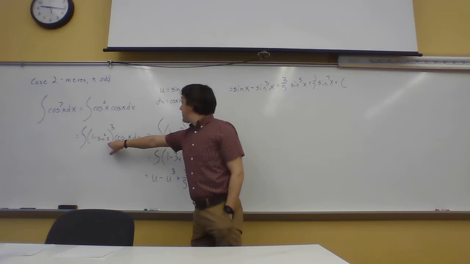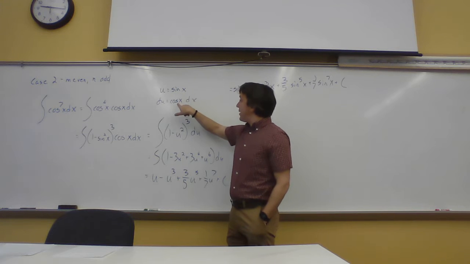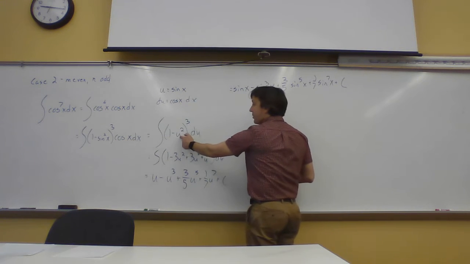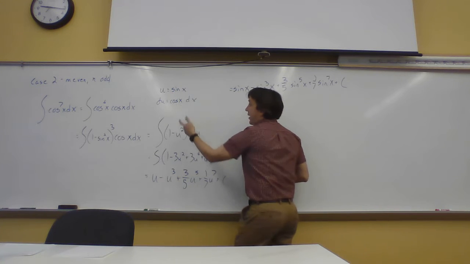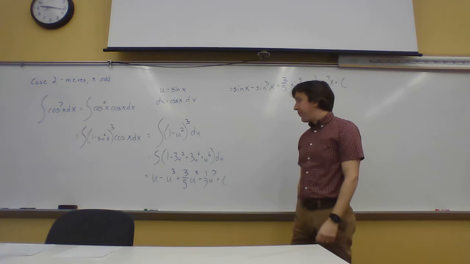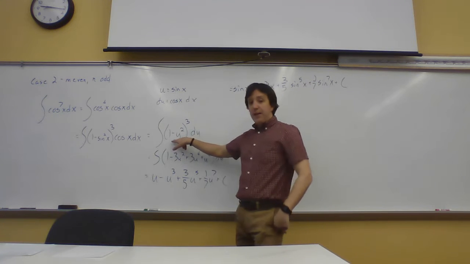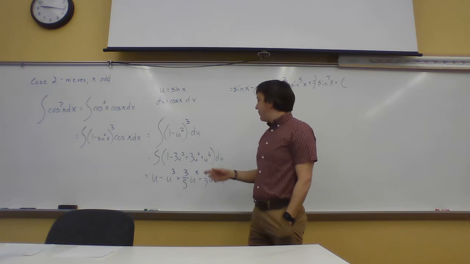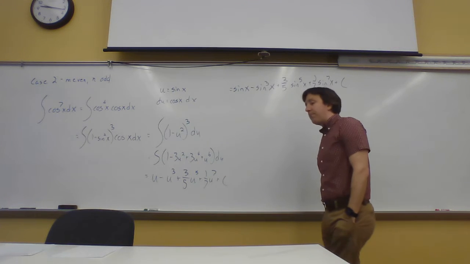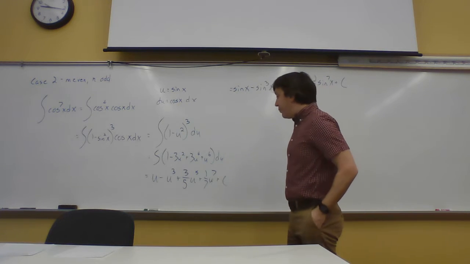Now I'm going to do my substitution. I'm going to let u this time be sine, and du is cosine x dx. So I get the integral of 1 minus u squared to the third power du. If you multiply this out, be very careful, you get the integral of 1 minus 3u squared plus 3u to the fourth minus u to the sixth du.